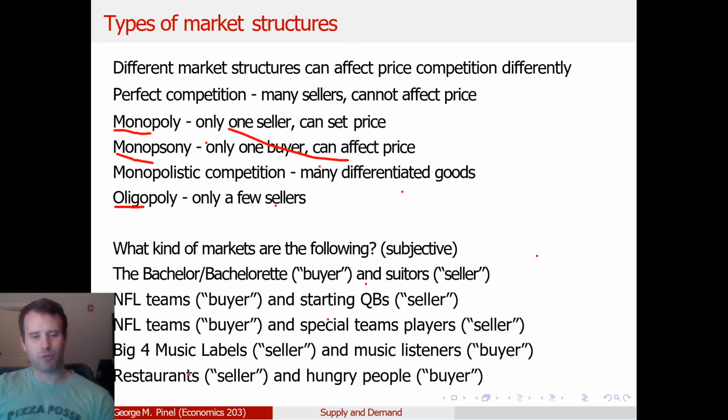If you're looking for any Chinese or any pizza place in West Philly, then your answer is probably going to be somewhere between monopolistic competition and perfect competition, depending on how much you differentiate the taste of pizza. If all pizza tastes the same to you, then it'll probably be perfectly competitive where you only care about the price. If you care a lot about the different taste of the pizza, then there'd be more monopolistic competition.